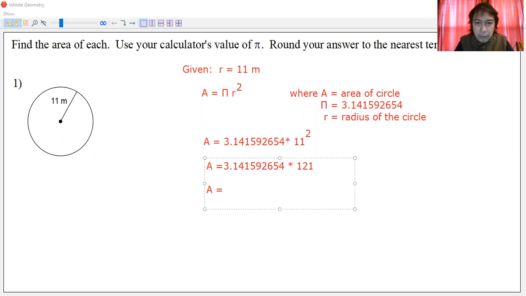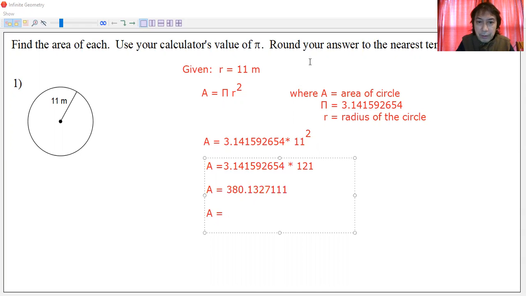Area is equal to, we shall compute the value for pi and 121. Our answer is 380, and we write the entire set of numbers, in square meters. Now we're asked to round it. It will be 380.1 rounded to the nearest tenth.